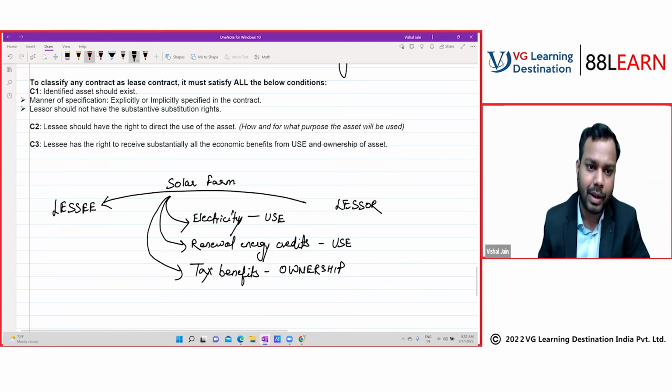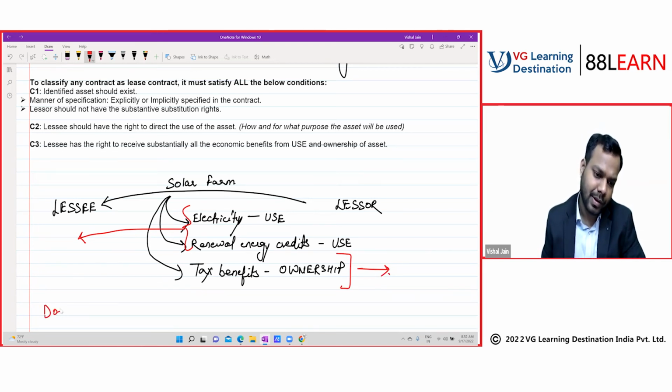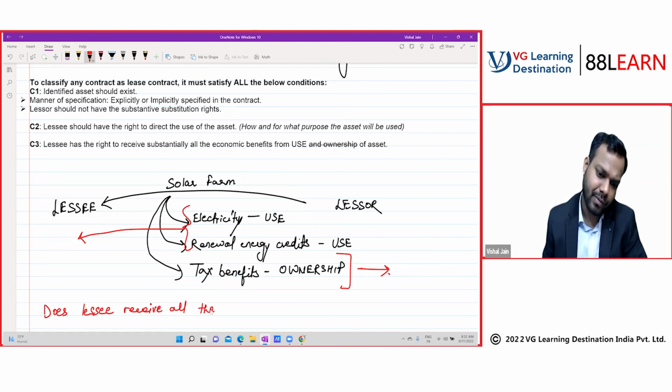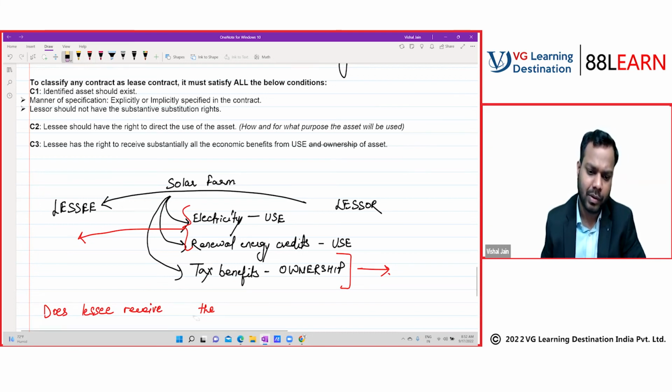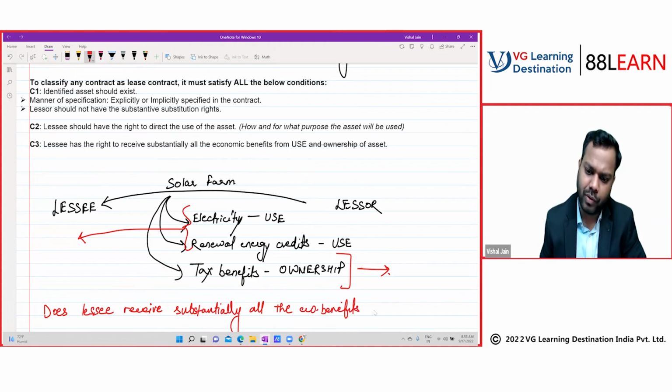Now, if I say that these two benefits will be with the lessee, and this benefit will be with the lessor, the question is, does the lessee receive substantially all the economic benefits from use of the asset?